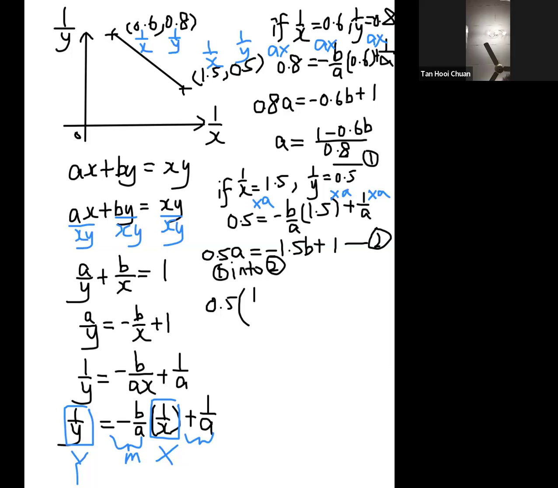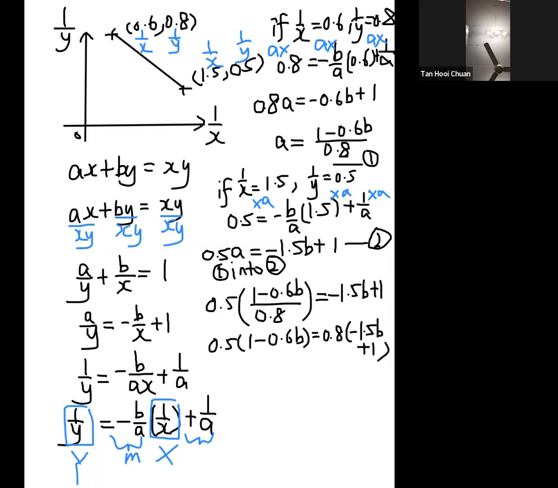0.5, 1 minus 0.6b, 0.8. Okay, later, 0.5. Okay, 0.5 minus 0.3b minus 1.2 plus 0.8.